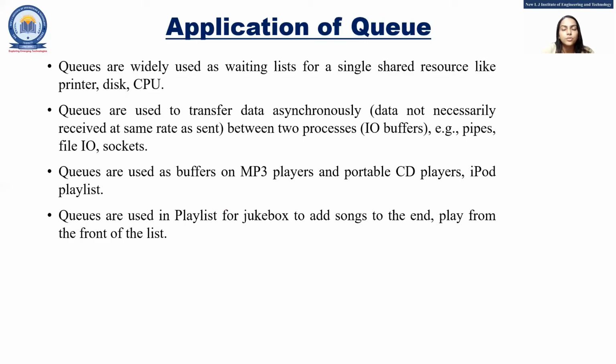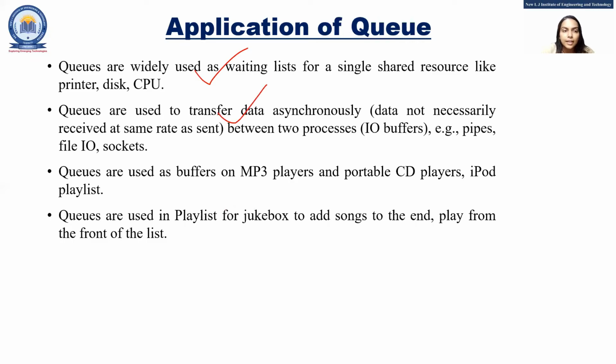They are widely used as waiting lists. Whenever we work in a situation where we have a single shared resource like a printer, disk or CPU, the queue data structure is very useful for implementing those kinds of applications.